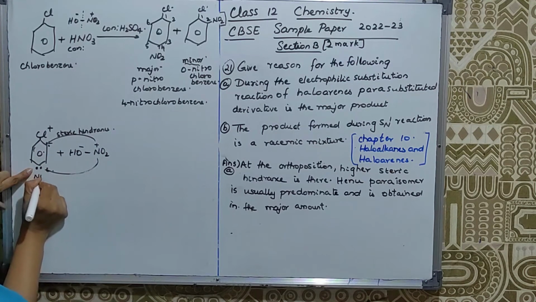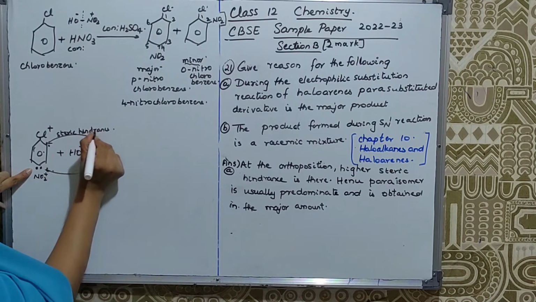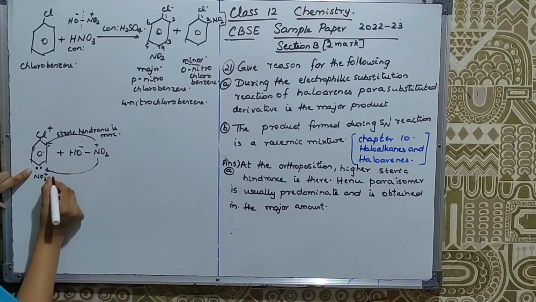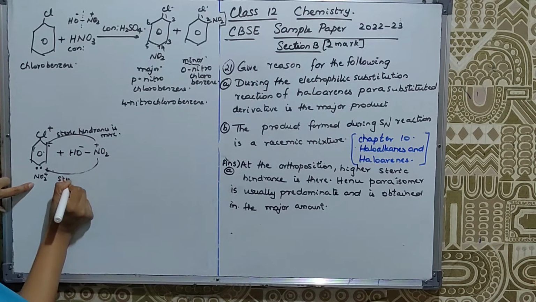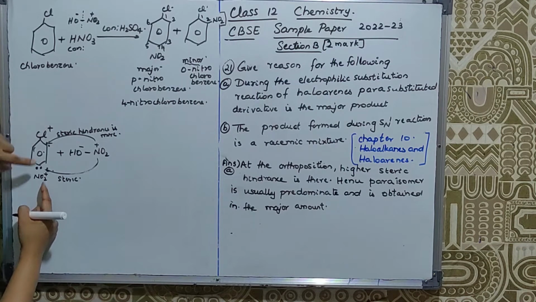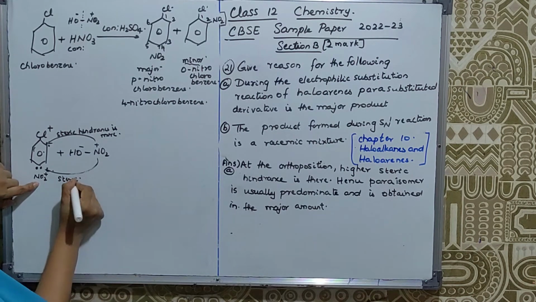So here steric hindrance is more. In this case, steric hindrance will be less. In the para position, the repulsion between Cl plus and NO2 plus will be less.